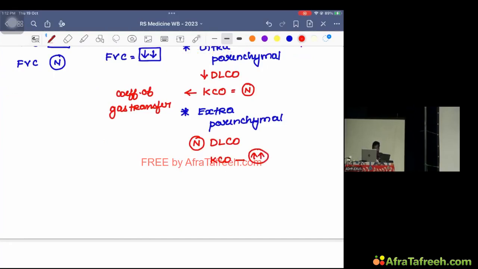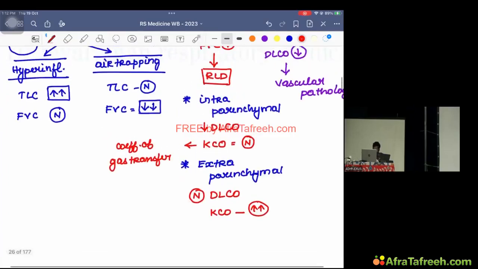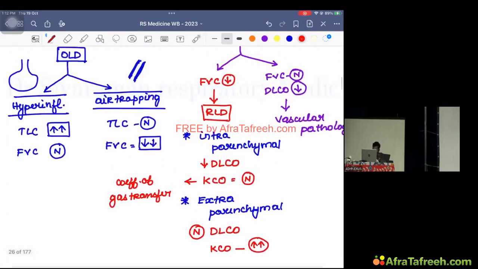This you have to memorize, no other go. So this difference will tell you whether it is an intraparenchymal or extraparenchymal disease. If you take a NEET level question, they will not cross DLCO. If you go to INI-SET, they will ask about KCO. That is the difference.